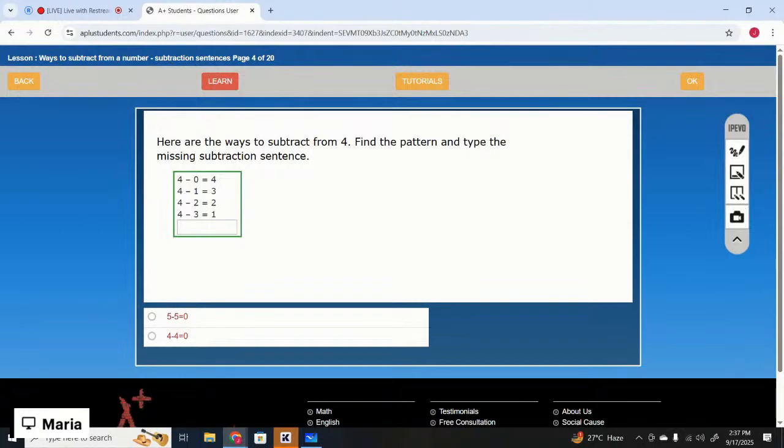Here are the ways to subtract from 4. Find the pattern and type the missing subtraction sentence. That is 4 take away 4 is 0. Option number 2 is the correct option.